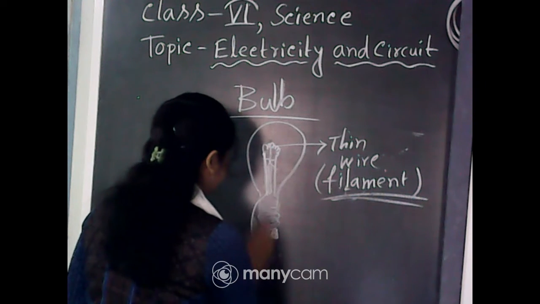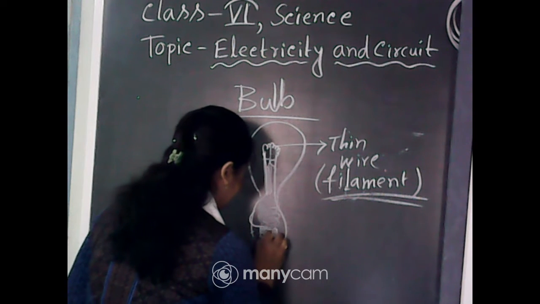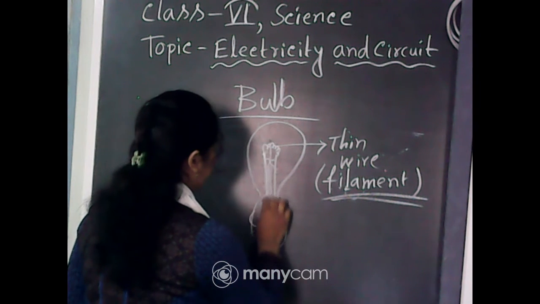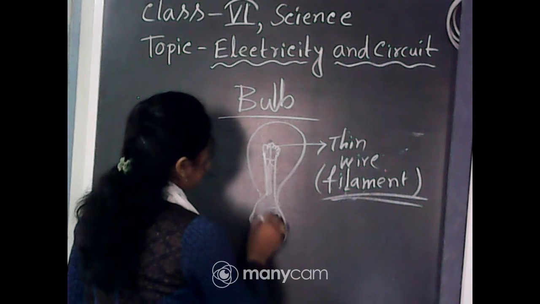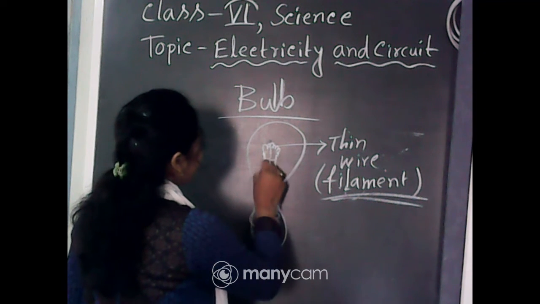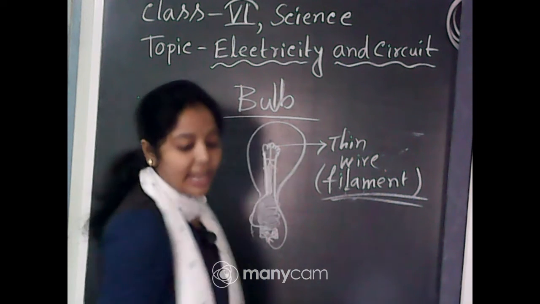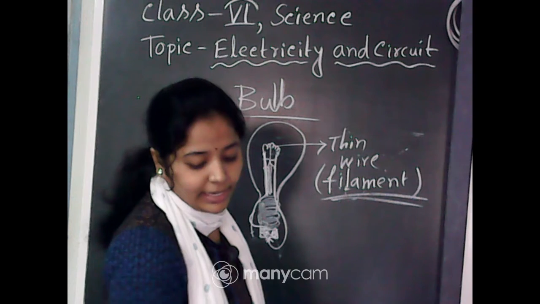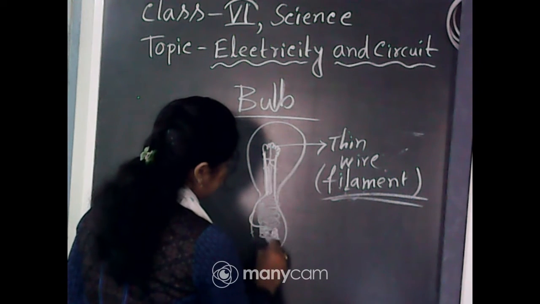Sorry, if this is the base, this will connect with the center of the base. This portion is totally made of metal, but one thick wire is connected to the base and another thick wire is connected to the metal tip at the center of the base. Center of the base means this portion.